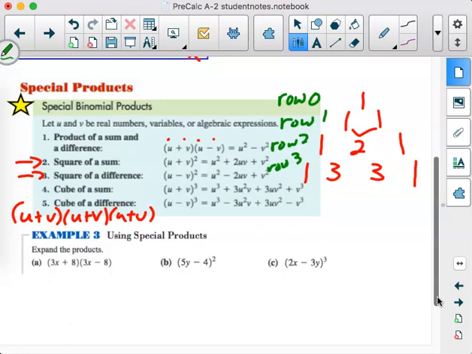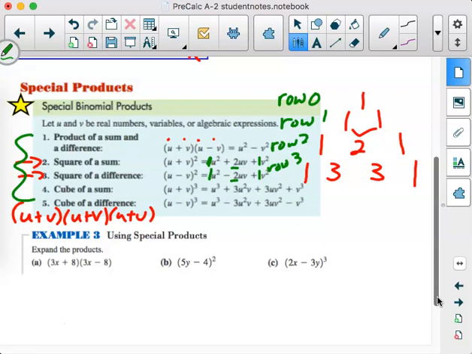What we're seeing here is that these are the coefficients for our special binomial products. If you take a look at this first one, u plus v squared, the first special product that falls under Pascal's triangle, we have a 1, a 2, and a 1.